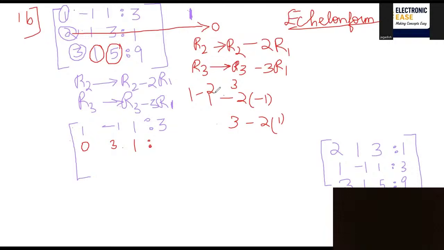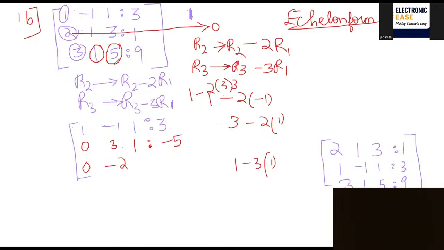So 1 minus 2 into R1. 2 into R1 is, so you will be getting minus 5, since 1 minus 6 is minus 5. Now this is 0. Now you apply 1 minus 3 into R1. 3 into R1 is again 1, so we will be getting minus 2 here.